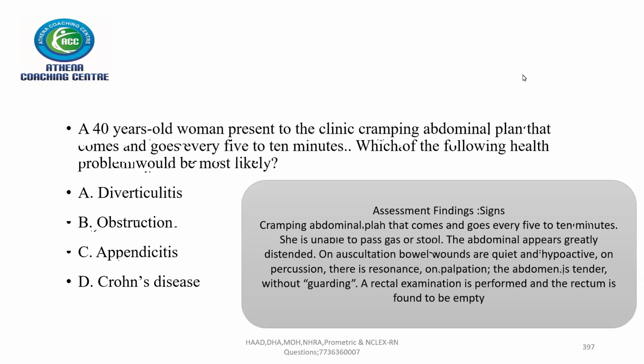On auscultation, the bowel sounds are quiet and hypoactive, that is, there is reduced peristalsis, and the abdomen is tender without guarding. On digital rectal examination, the rectum is found to be empty.